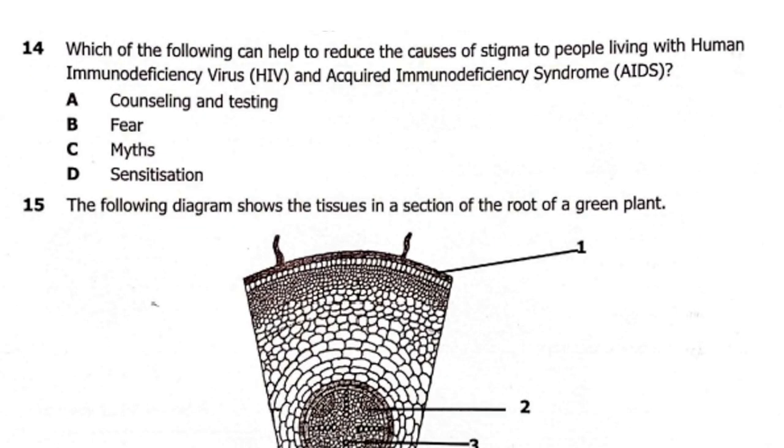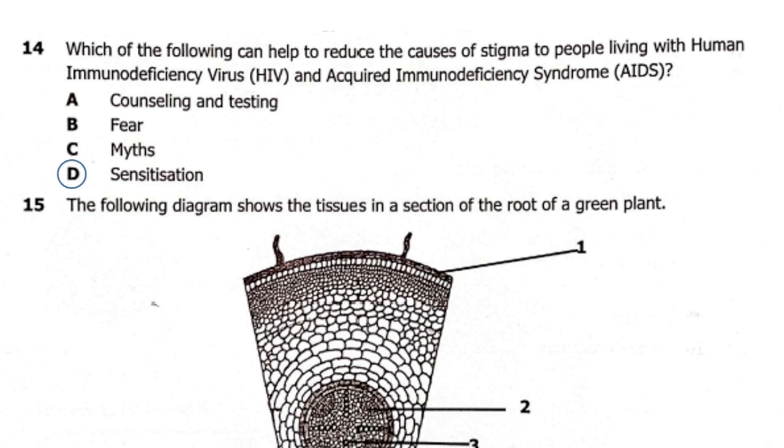Question 14. Which of the following can help to reduce the causes of stigma to people living with HIV, which is the human immunodeficiency virus, and acquired immunodeficiency syndrome, which is AIDS? A. Counseling and testing. B. Fear. C. Myths. D. Sensitization.